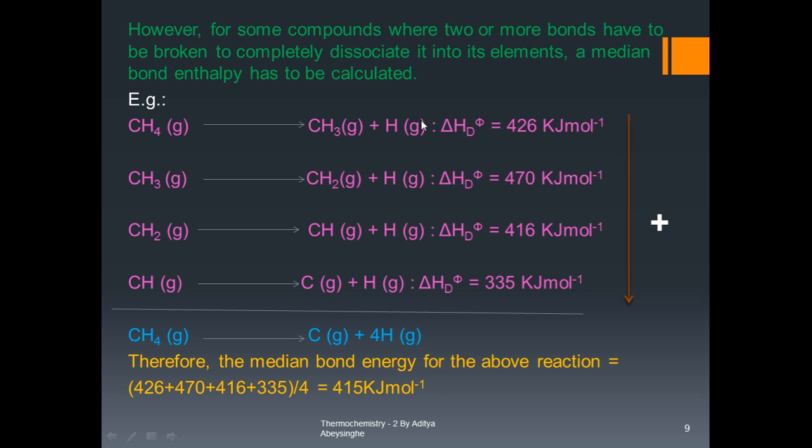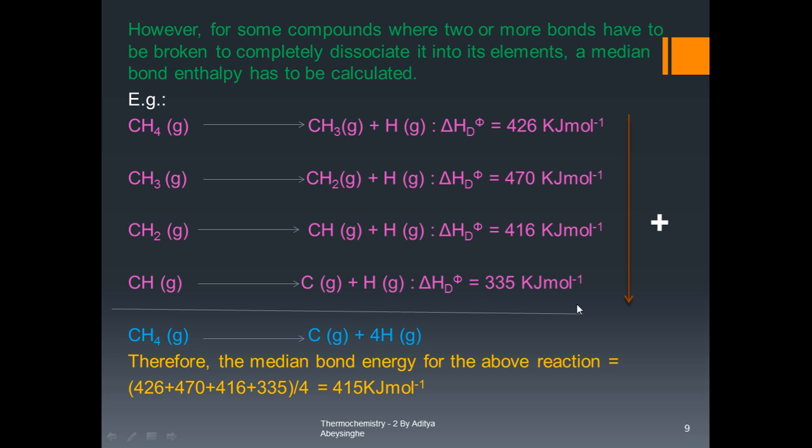For the first step, CH4 is broken down into CH3 and H gas. We have measured that energy to be 426 kilojoules per mole. Similarly, CH3 is broken down into CH2 and H, CH2 is broken down into CH and H, and finally CH is broken down into C and H. When you add these equations, you finally get that CH4 is broken down into carbon and 4 hydrogens.